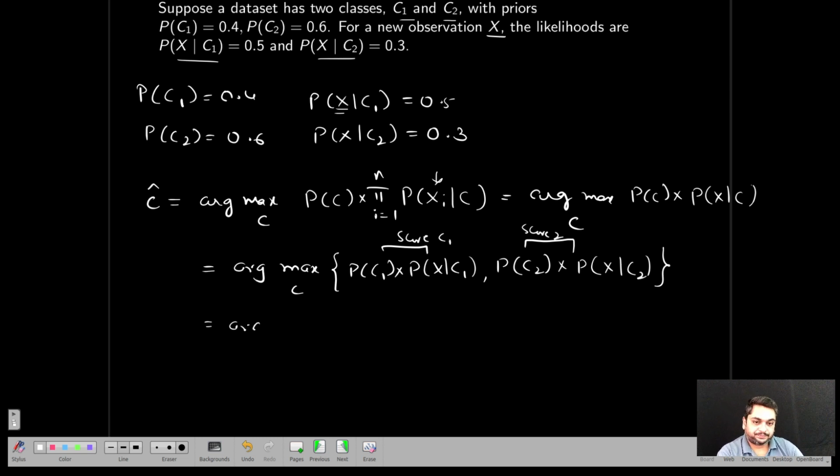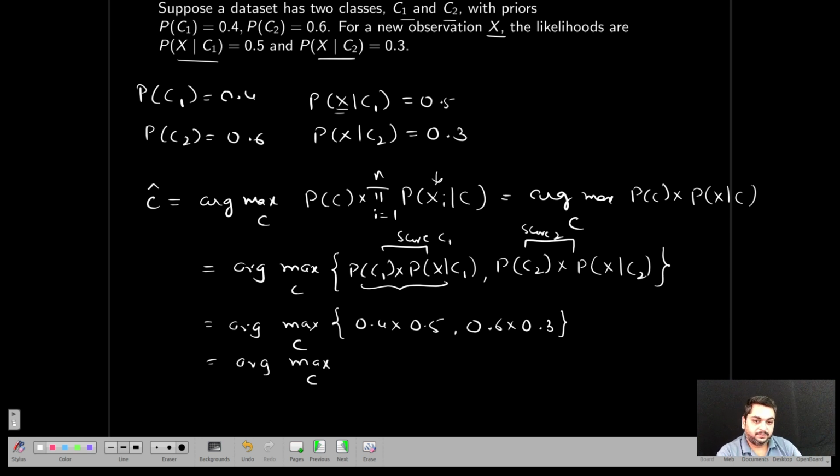So what are the values? For C1, 0.4 times 0.5, and for C2, 0.6 times 0.3.